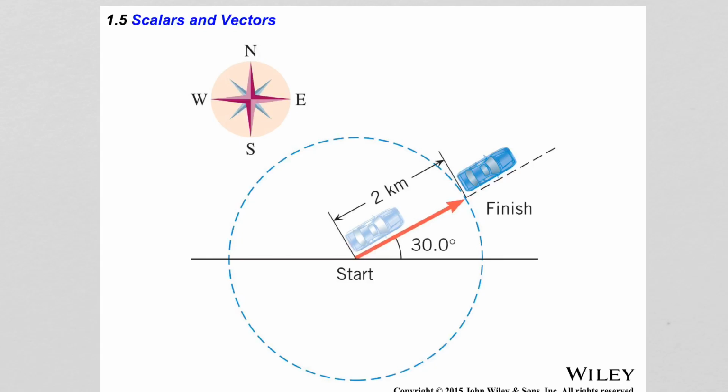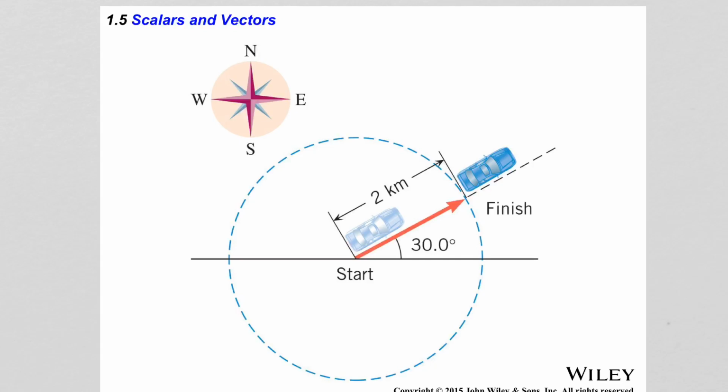And so, as an example here, there is a car that starts from a point in space. It's going on a straight line, and it travels a distance of 2 kilometers to this final position.